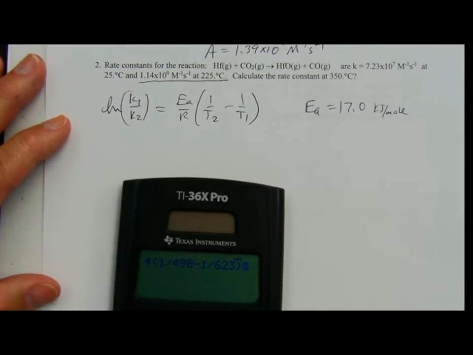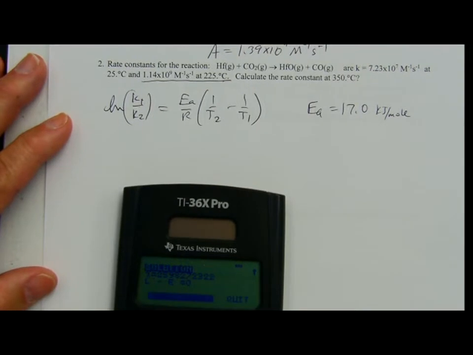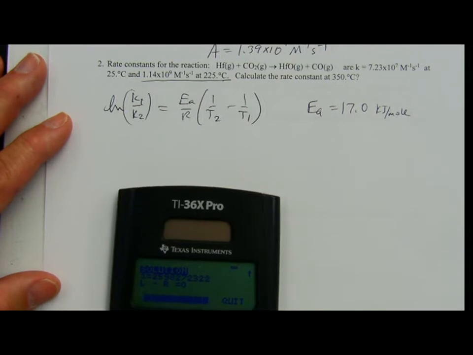Okay, and so that then should solve, and I'm going to put a 0 there. That should solve for the rate constant K. Okay. 1, 2, 3, 4, 5, 6, 7, 8, 9. So 2.60 times 10 to the 9th.